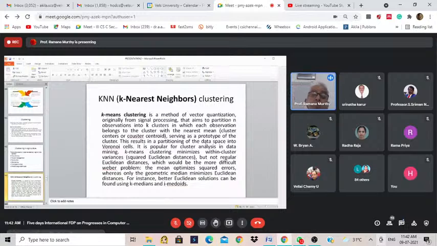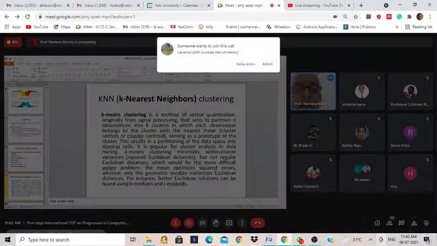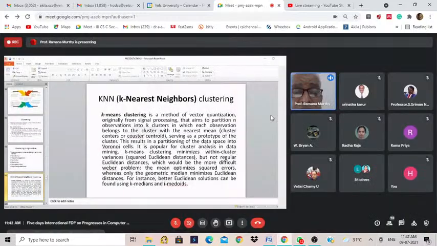It is popular for cluster analysis in data mining. K-means clustering minimizes within-cluster variances. Variance is a statistical measure, nothing but squared Euclidean distances, not regular Euclidean distances.